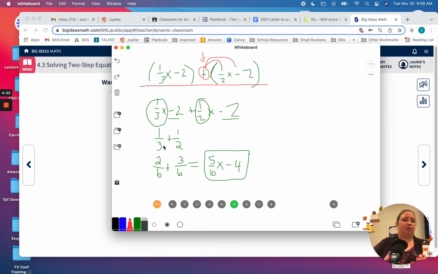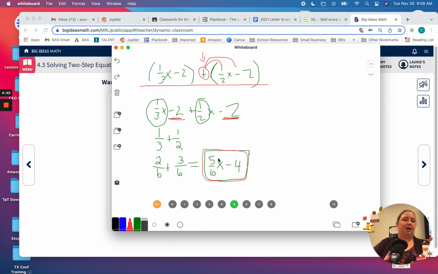I can't add those unless I have a common denominator, which is what we did here. So then I got 5/6, and I put the x back with it. And then my other two terms were the -2 on this side and the -2 here. If I add a -2 plus a -2, it goes further negative to a -4. So that's why my final answer is 5/6 x minus 4.